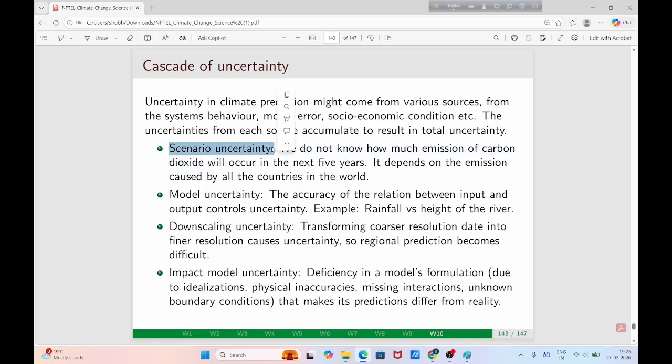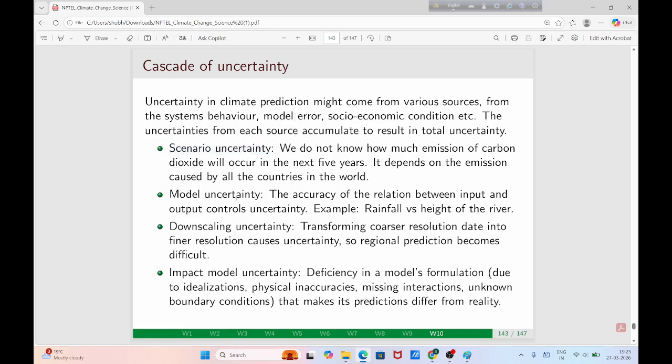This is just an example: we do not know how much carbon dioxide emission will occur in the next 5 years. That depends on the policy of each and every country. We do not know what policies they will adopt, how much discipline they will show, or how much emission they will make. That is scenario uncertainty, completely out of our control.